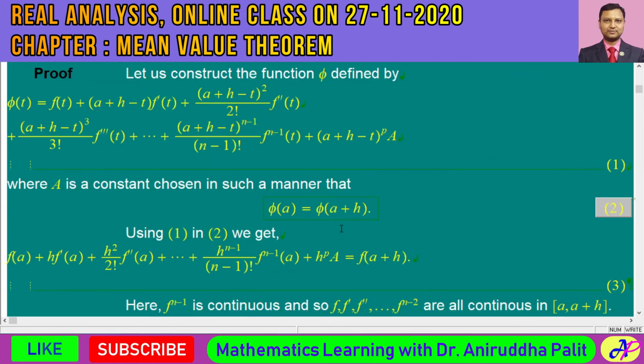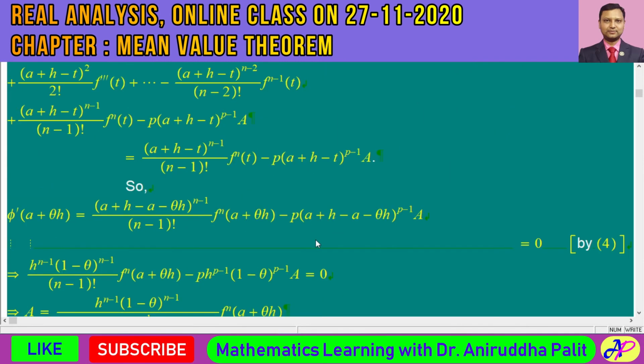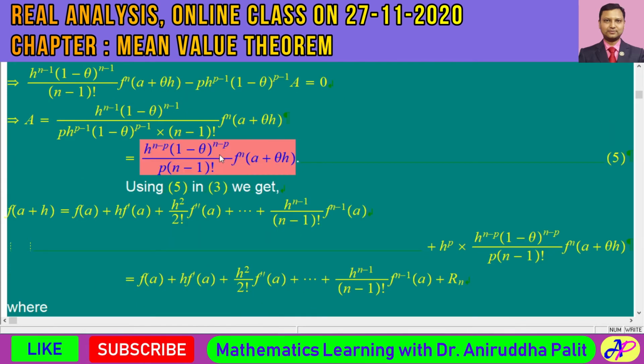Why did we take the expression of phi over here? We took the expression of phi in this way, involving the constant capital A satisfying this kind of properties. Therefore, after getting this result number 5, we can say that yes, we get a finite value of capital A. Therefore, our model was a valid model.